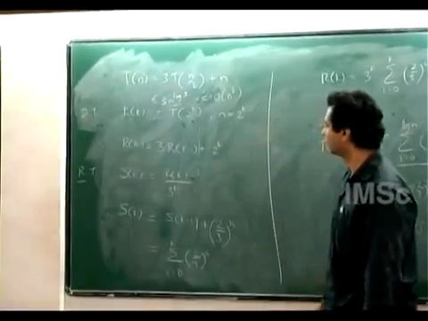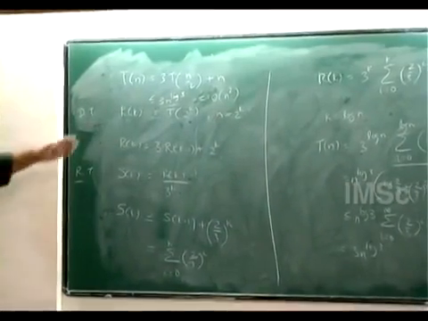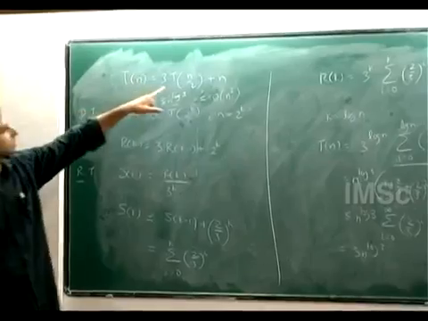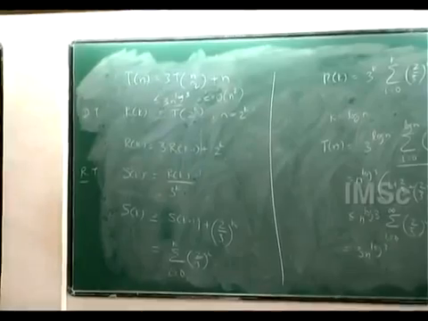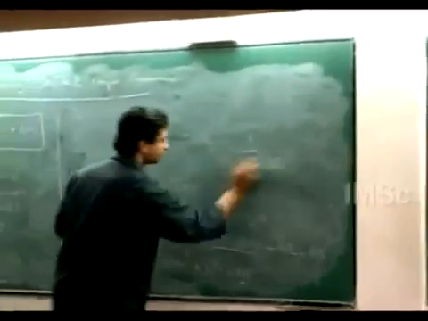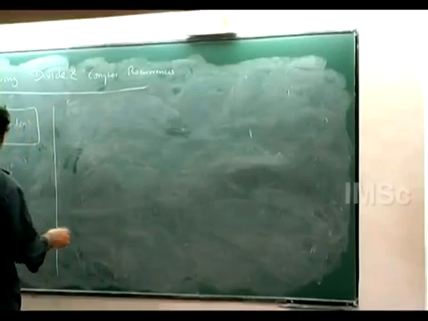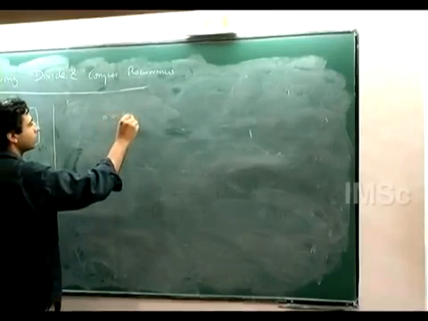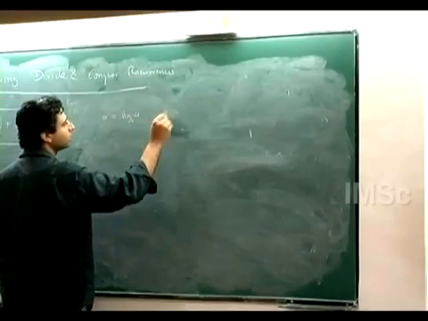If you know the master theorem, you can go directly from this to this. What does the master theorem say? Let's try to recall it. For this recurrence, the master theorem defines this watershed constant alpha as log of a base b, and this watershed function n raised to alpha.